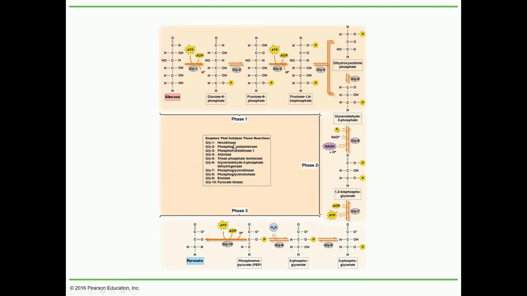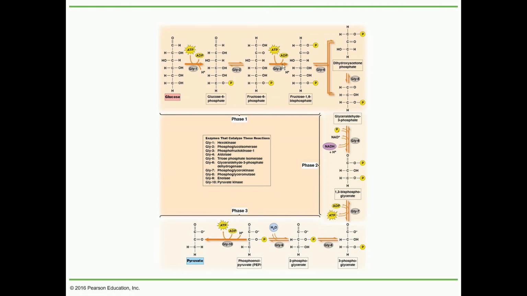Here also the cell has to spend some energy, so there is an investment of energy and ATP is involved. This reaction takes place with the help of the enzyme called phosphofructokinase, because the phosphate group is being attached to fructose 6-phosphate, and it is getting converted into fructose 1,6-bisphosphate.